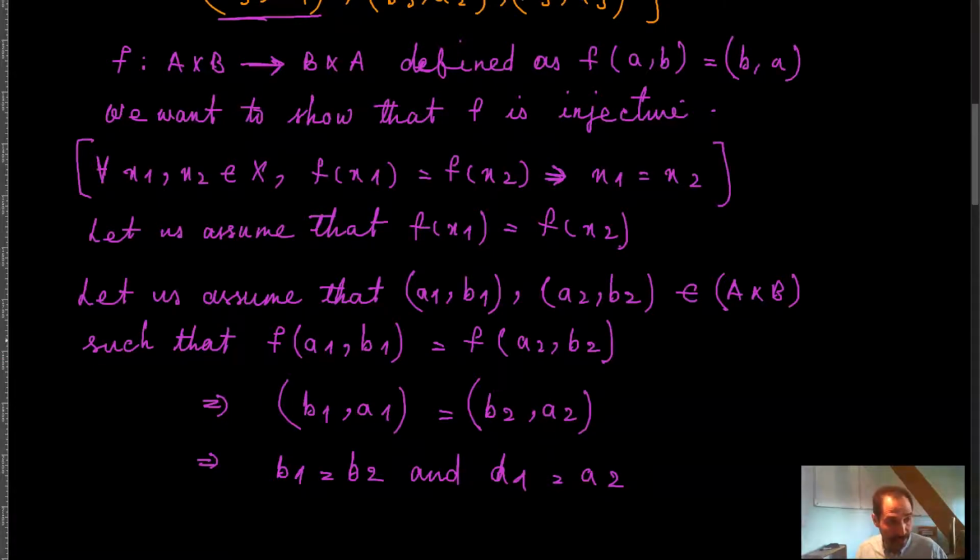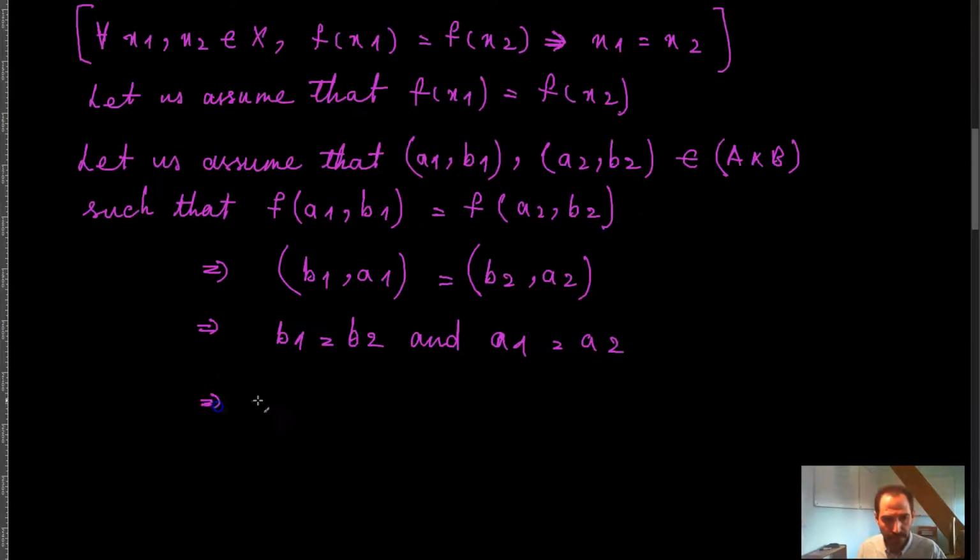So if that is the case, then your statement is true. And of course, since we have assumed that this is true, then based on my assumption, B1 is equal to B2 and A1 is equal to A2. Which means that A1 B1 is equal to A2 B2, right?